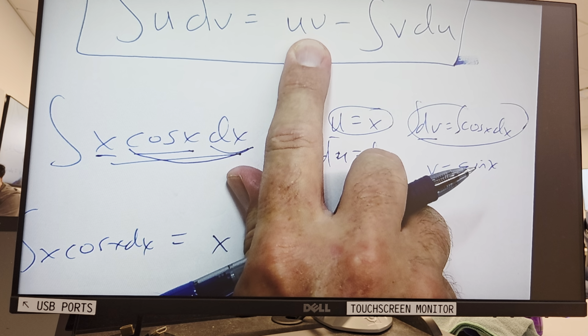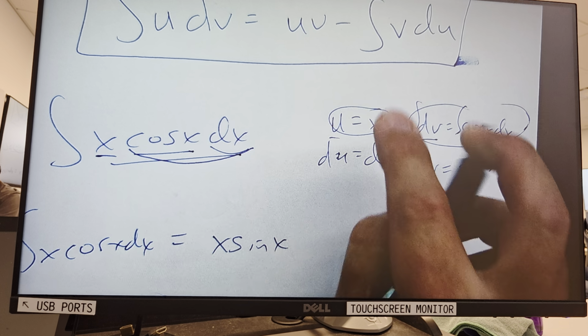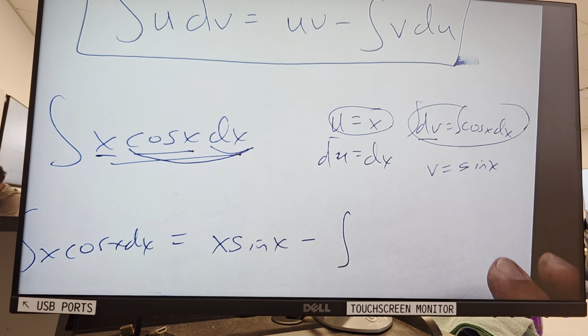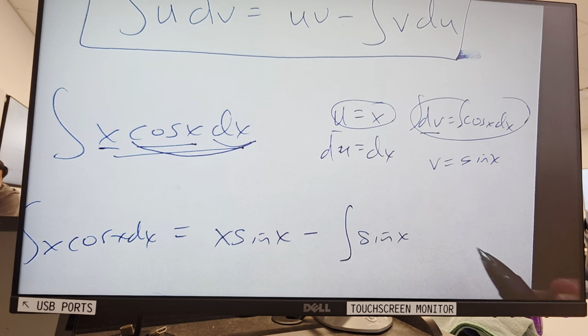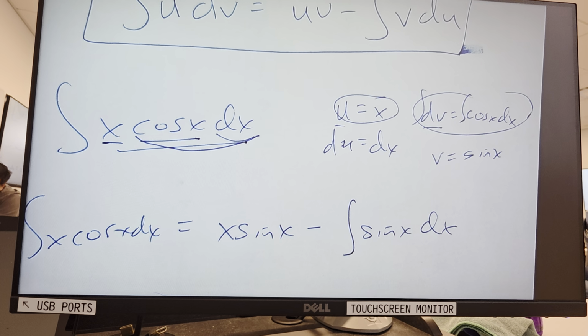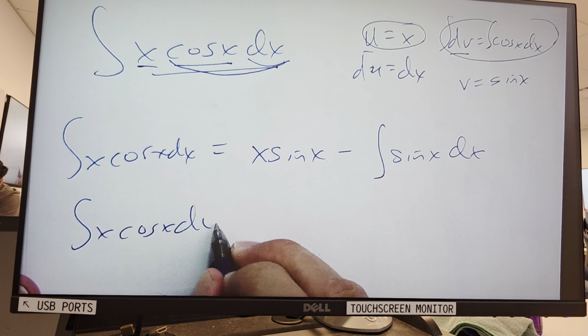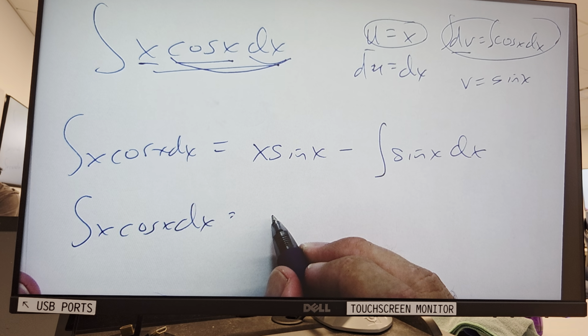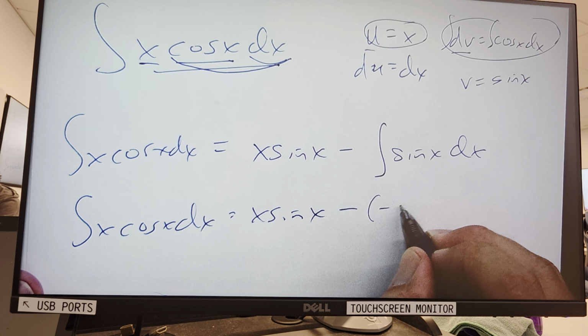I'm just doing this recipe, yes? What's v? Minus the integral of v, which is sine x. What's du? dx. So what's the only thing left to do here? What's the integral of sine? Good.